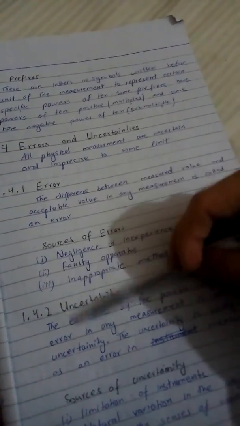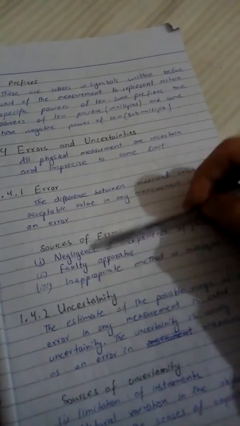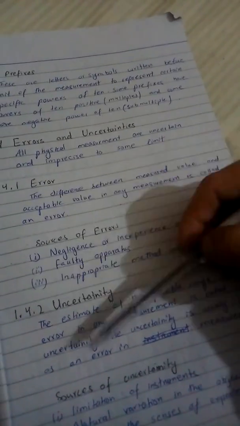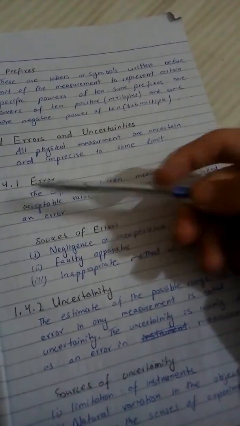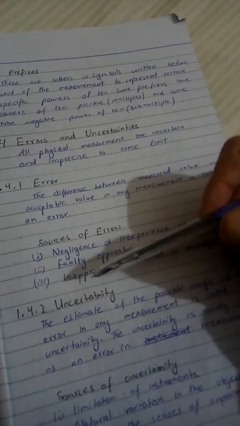It is the range of possible error. Remember, it's not an error, it's the range of possible error. It gives the range in which the real, accurate measurement lies, but we don't know where it is. So that's why we write the uncertainty along with the measured value.